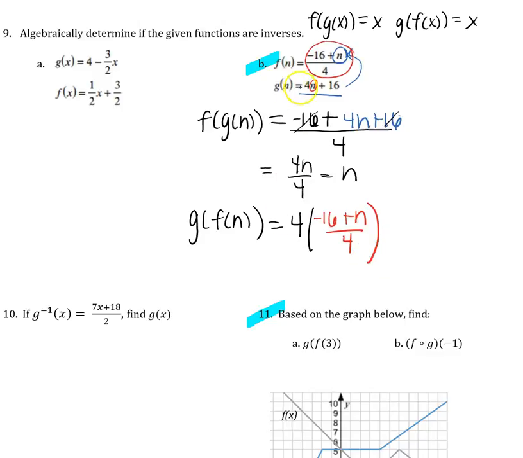And then that'll be plus 16 too to finish out my g function. Okay, so now I've just got to reduce. My 4's will cancel. So I have negative 16 plus n plus 16. 16 and negative 16 go to 0, and I get n. So since I got n in both directions, f of n and g of n are inverses.